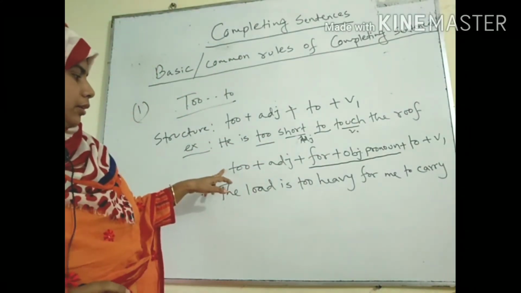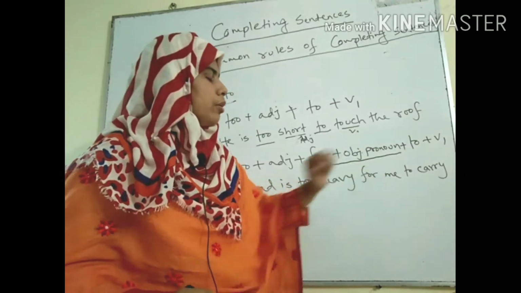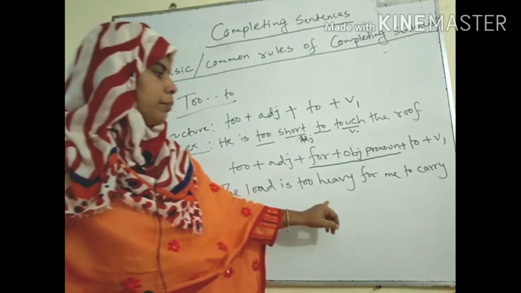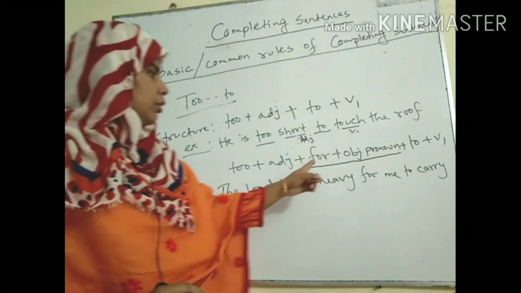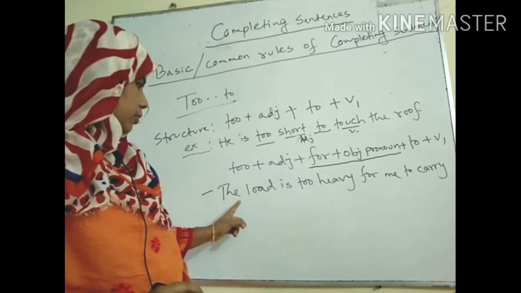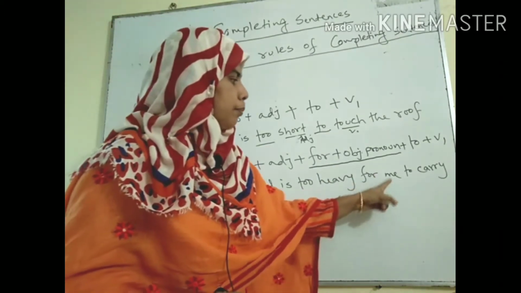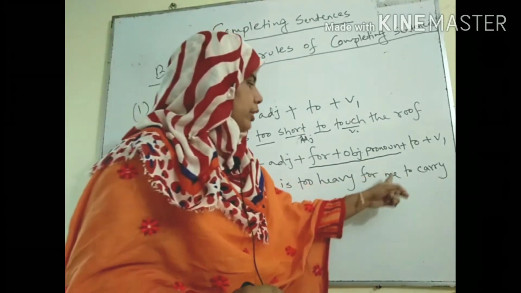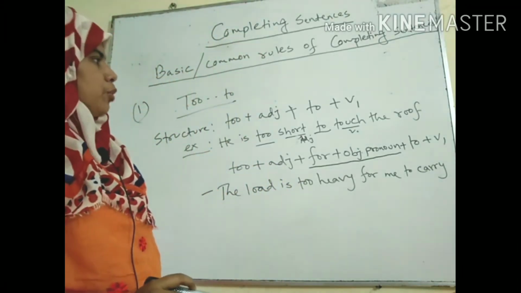So the structure is almost the same, only for plus objective pronoun will be added. For example, the load is too heavy for me to carry. We can also say, the load is too heavy for him to carry, for us to carry. So we can change the objective pronoun and then to plus V1.